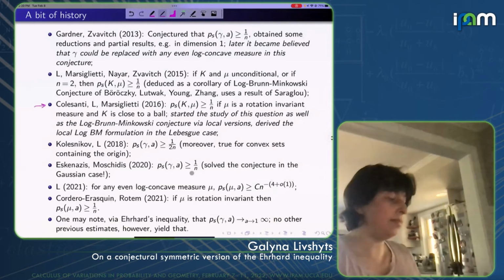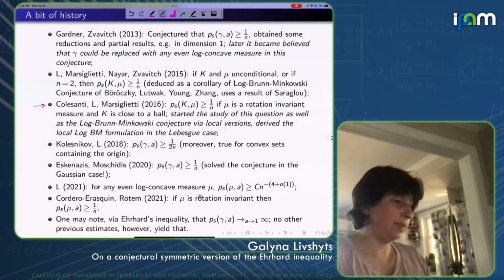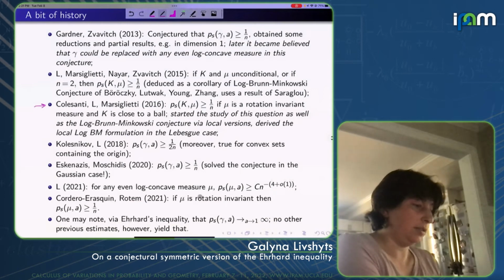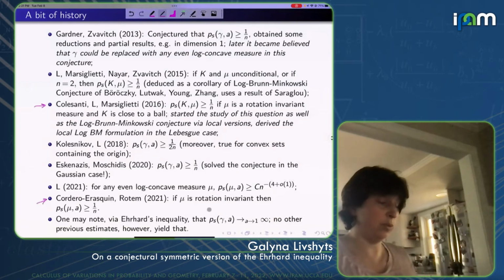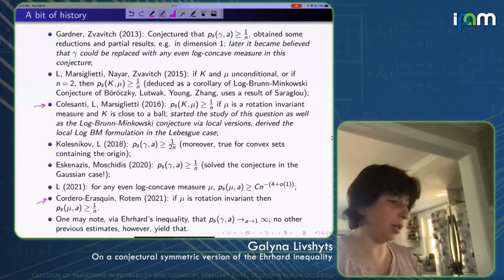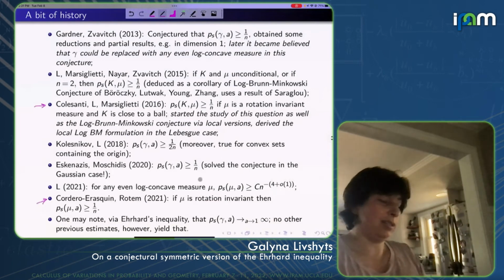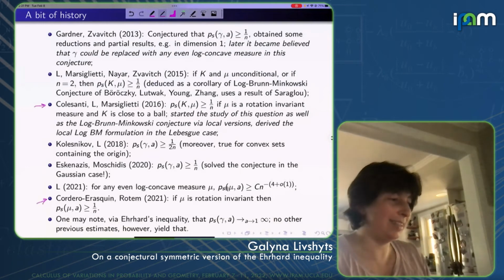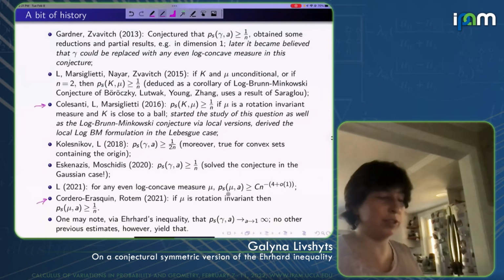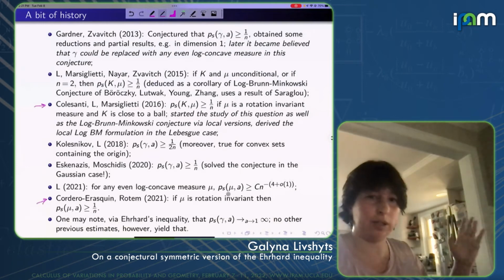They followed our scheme and found this very beautiful trick. And later also, Skin and Rotem, as we heard in Rand's talk, showed the same for all rotation invariant log-concave measures, which is quite remarkable. I showed again some general bound for all log-concave measures: instead of 1 over n, we can put n to the power minus 4.